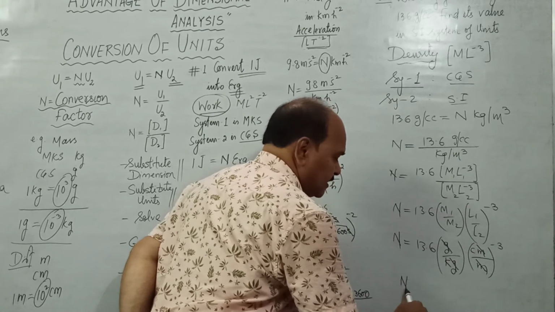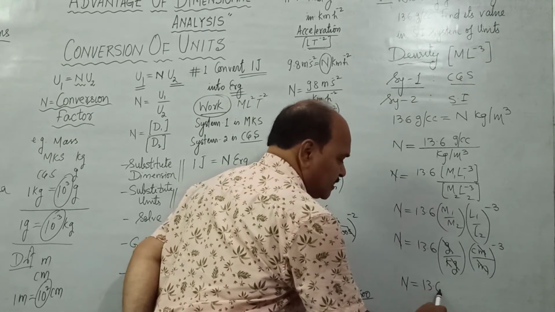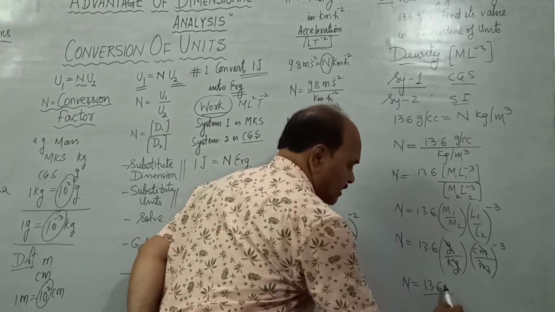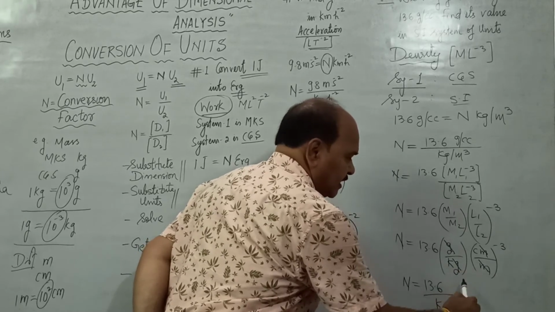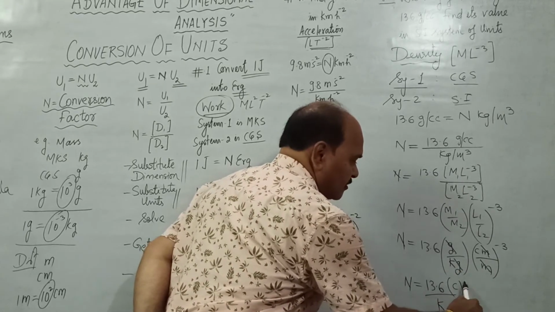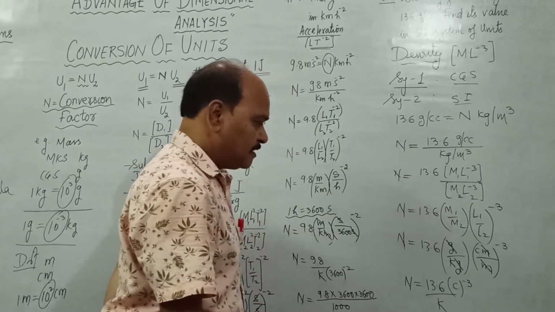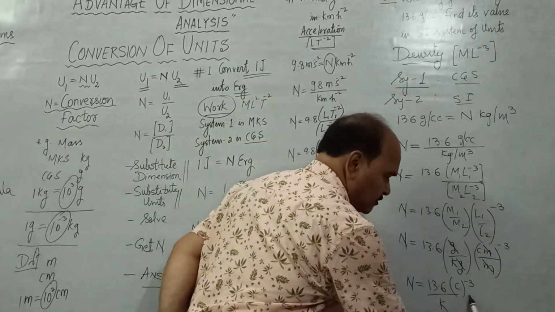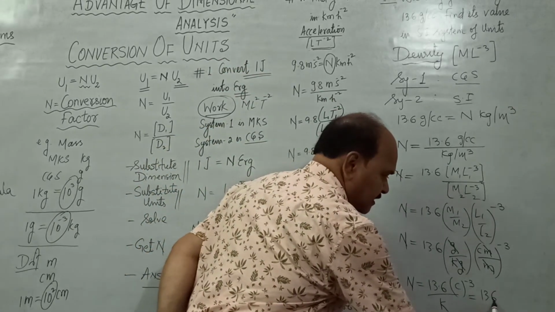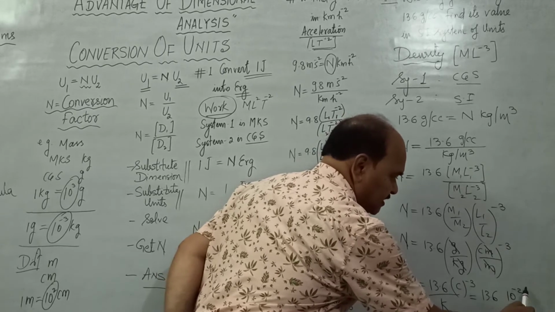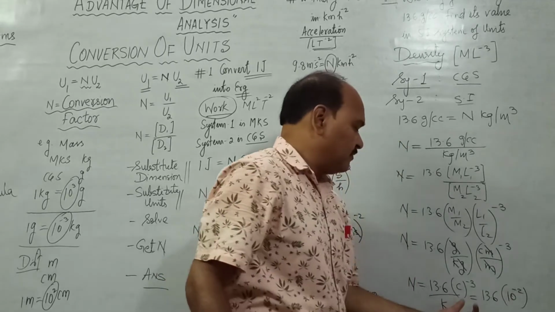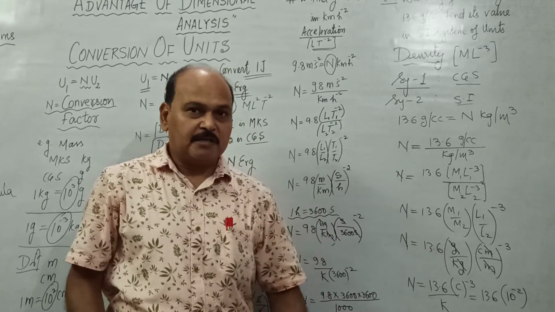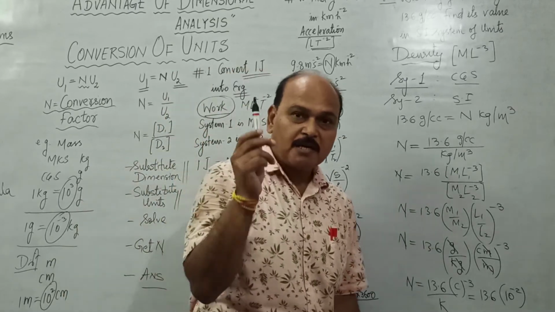So what is this n? This n is going to be 13.6. What do we get? We get kilo here in the denominator, and here we get centi to the power minus 3. Can we solve it? Of course. This is 13.6. Centi means 10 to the power minus 2. Let us substitute the value of this centi. We have already studied this. Centi is a prefix, and its mathematical meaning is 10 to the power minus 2.